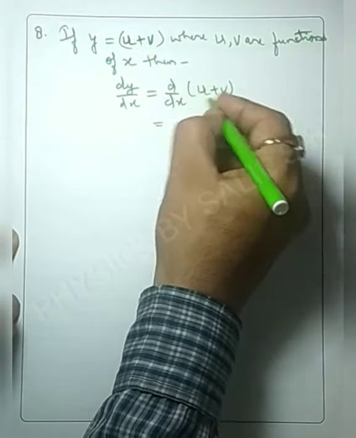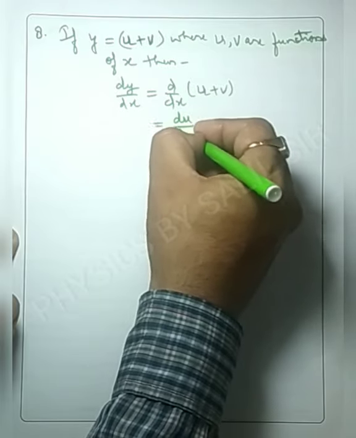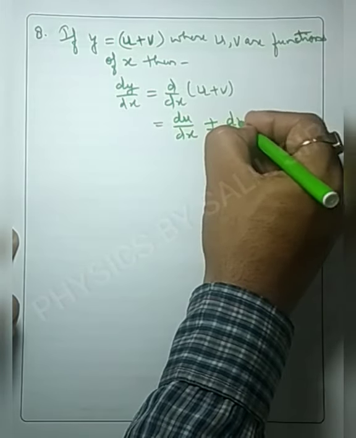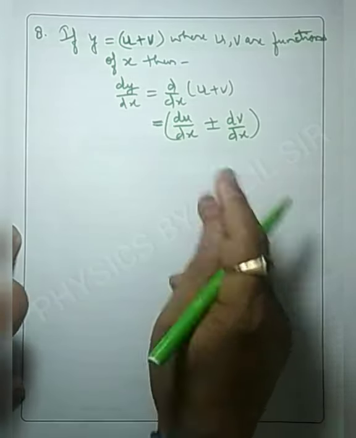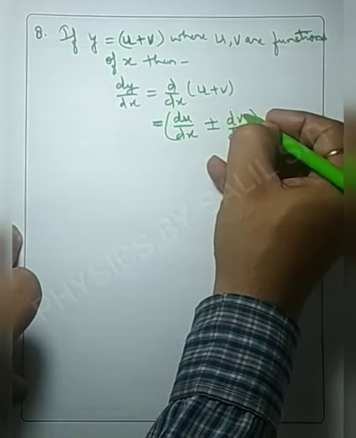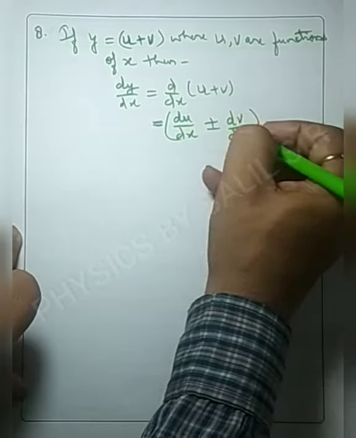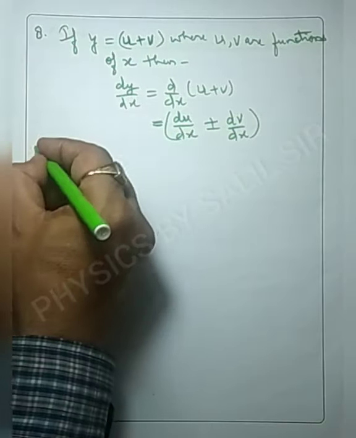So we can separate these two as du by dx plus or minus dv by dx. After that, according to the values of these functions, we can differentiate further. We will take examples to make it clear.